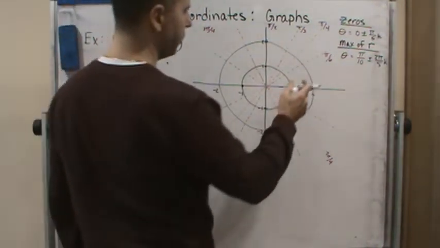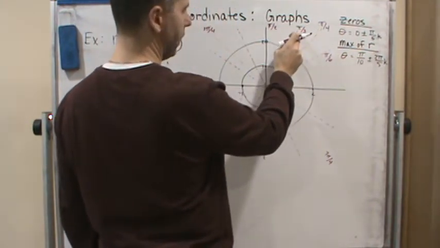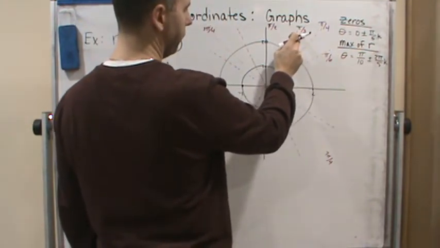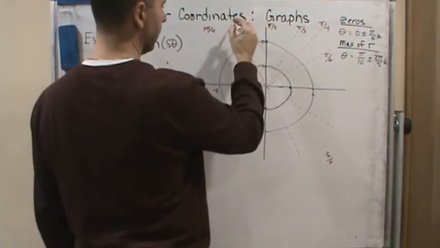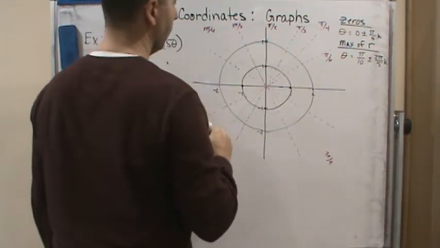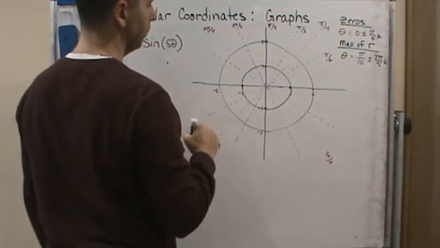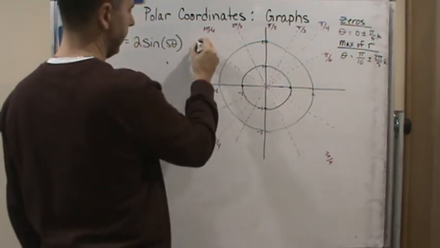And then if I do the 30-degree angles, then this is pi over 6, 2 pi over 6, which is pi over 3, 3 pi over 6, which is pi over 2, 4 pi over 6, which is 2 pi over 3, 5 pi over 6, which is this one right here.